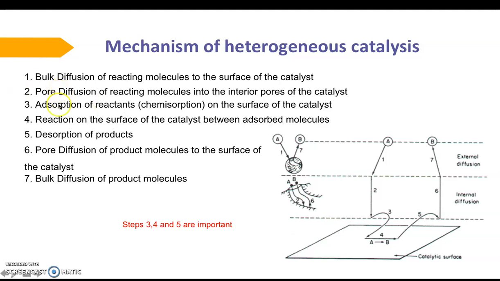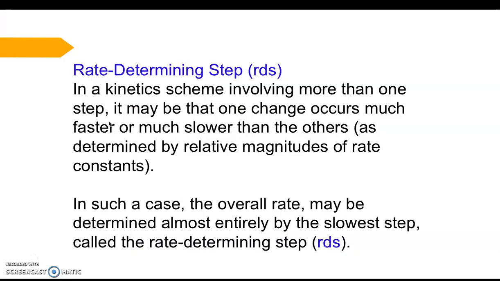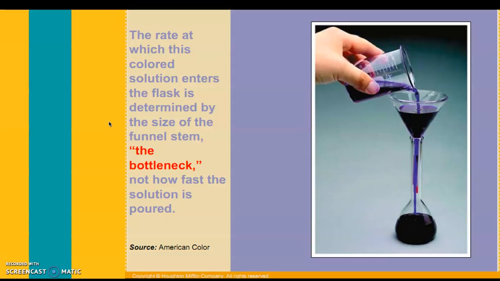Among steps 3, 4, 5, we need to identify which step is the slowest. The slowest step will determine your reaction rate. That is what we call the rate determining step, right?